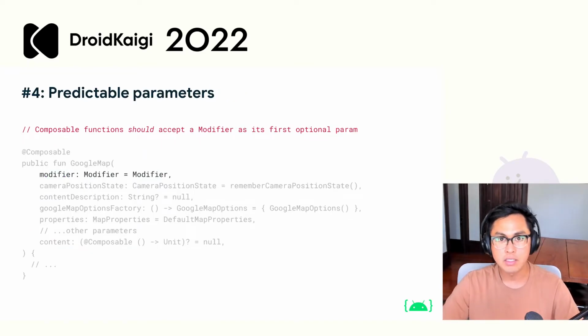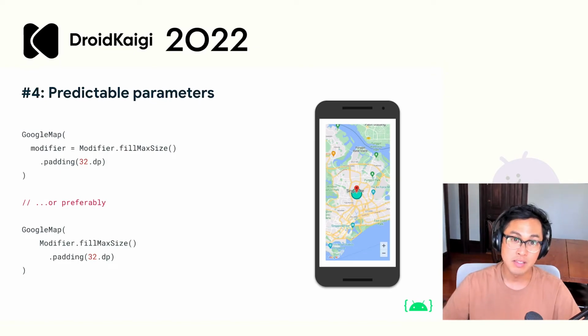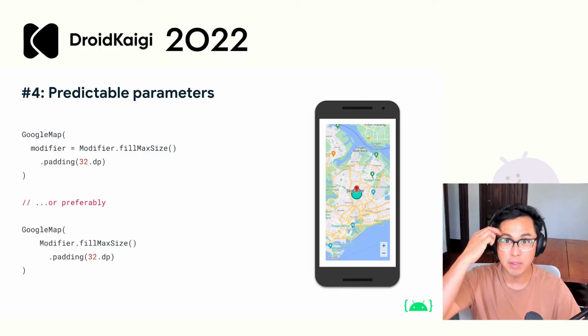Another way to stay consistent is to have predictable parameters. So every composable function should accept a modifier, and it should be the first optional parameter to enable customization. So this way, composables can take advantage of the rich set of modifiers available to decorate and augment your composable. Since it's the first optional parameter, that means you can pass the modifier without explicitly naming the argument.